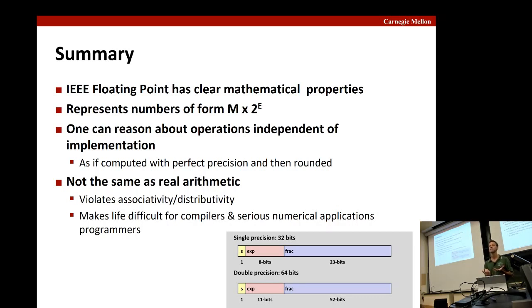You represent numbers in the form of a sign bit times the fraction times 2 to the e. You can reason about the operations independent of any implementation because this is the standard. We showed you how to do that, compute with perfect precision and then round. It's pretty close to real arithmetic, but there's some gotchas, especially in terms of sensitivity. Okay? That's it for today.